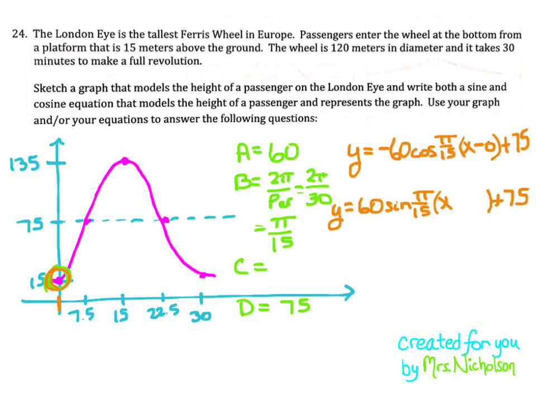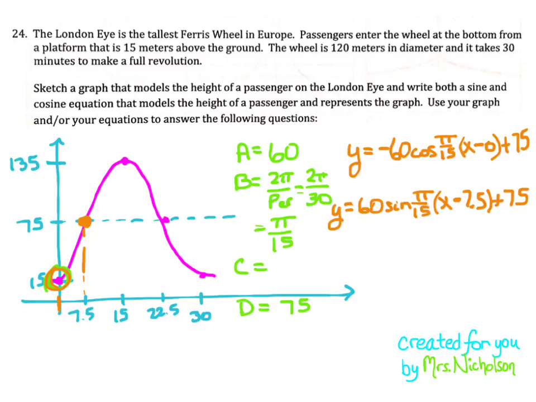A sine function starts in the middle, and if we do a positive sine function, then we're starting in the middle and going up. So that's this point right here. It's on the midline, we're going up, and that corresponds to 7.5. So that means that my c value would be minus 7.5. So those are two examples of equations that you could write for this graph.